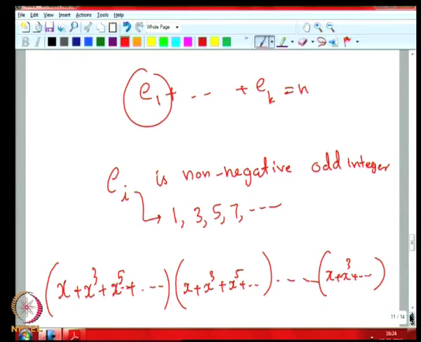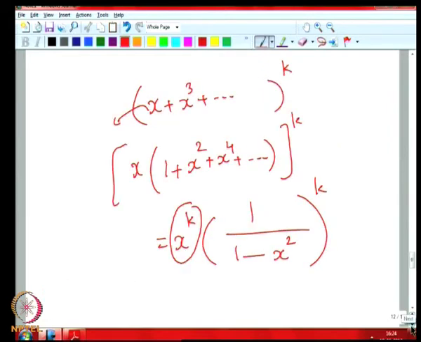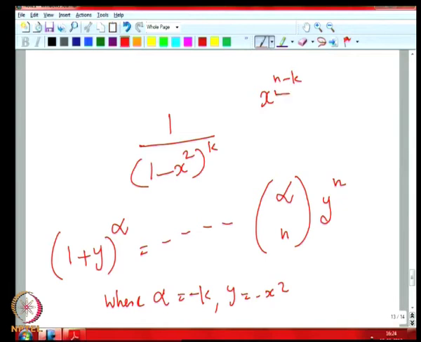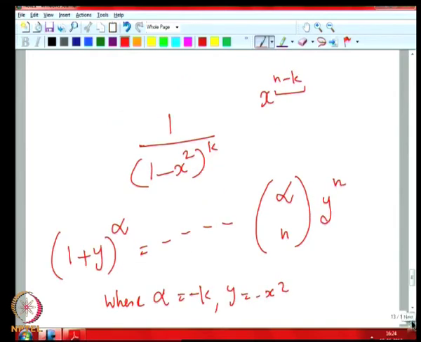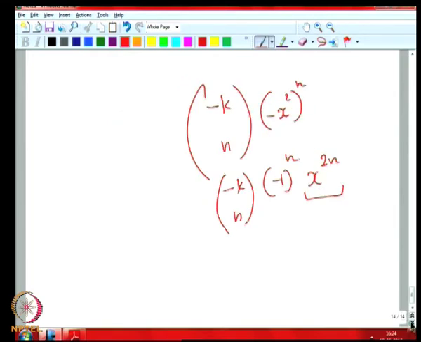Sorry, we were looking for the coefficient of x raised to n minus k, because earlier we had x raised to k into 1 by 1 minus x square, whole power k, right. So, we are looking for the coefficient of x raised to n minus k. This is a general thing: the coefficient of x raised to 2n is going to be this. Of course, this is always going to be an even power of x here.